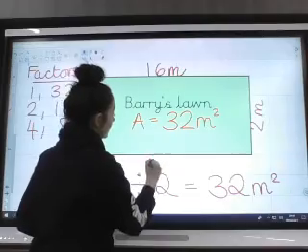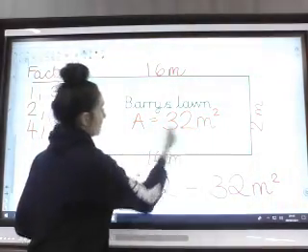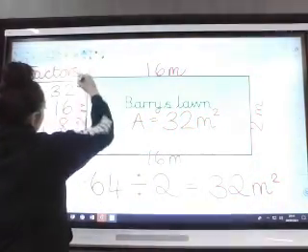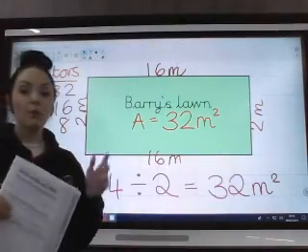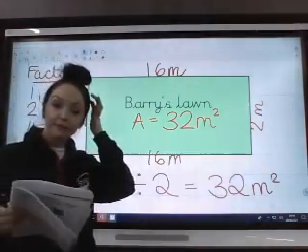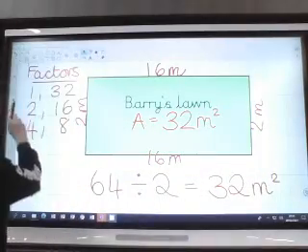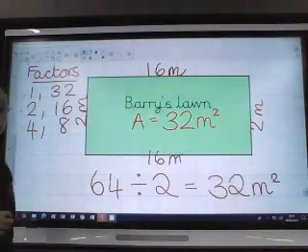Okay, so 16 and 16, 2 and 2, so 2 add 2 is 4, add 16 and 16 together, what will that equal? Okay, work out the perimeter for each of these.